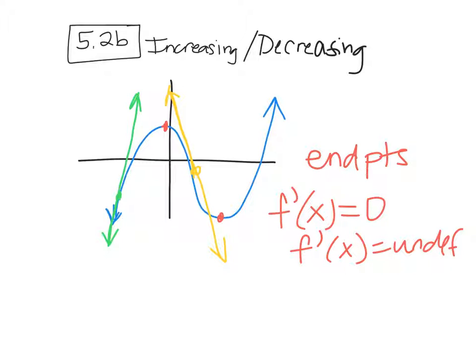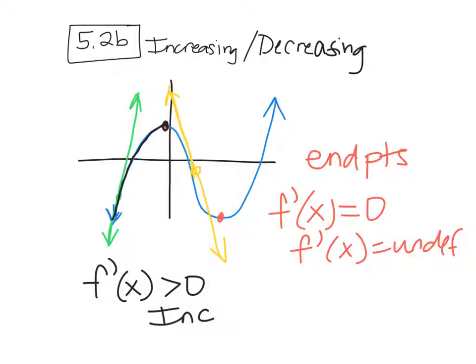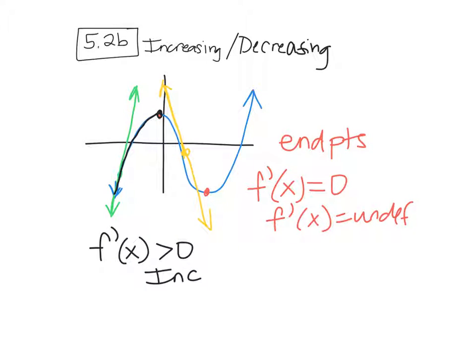So this graph is going to be increasing whenever my derivative is what? Positive. Exactly. So when f prime of x is greater than 0, my graph is increasing. Okay, in the middle section, we are decreasing. Decreasing is when your y values are getting lower as you go along the x-axis from left to right.